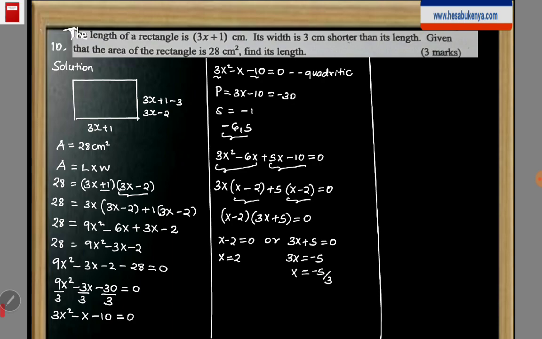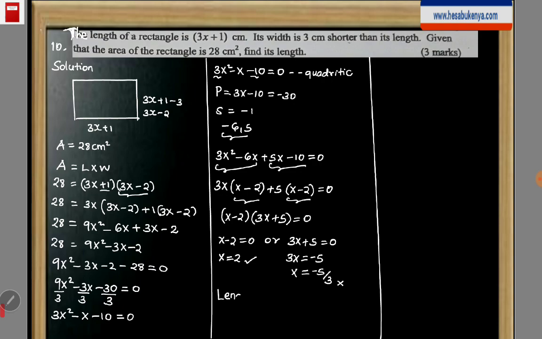Now we are dealing with length, and therefore length cannot be negative, so we take the value of x to be equal to 2.